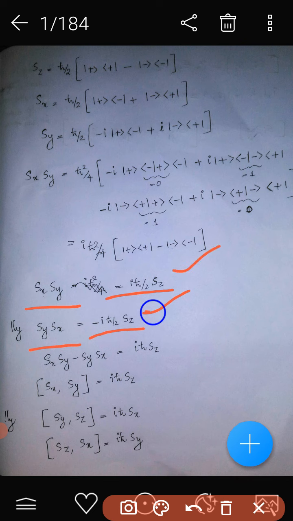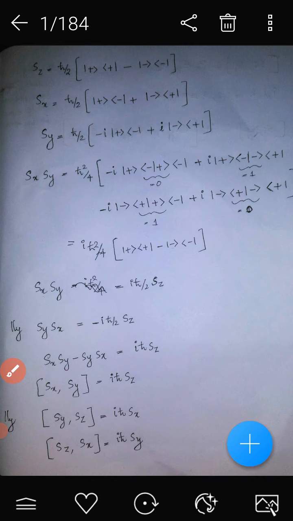Therefore, these two terms are different. We can subtract to get the commutation relation, that is SxSy minus SySx, and we get i h cross Sz. That means the commutator [Sx, Sy] is equal to i h cross Sz. Similarly, [Sy, Sz] equals i h cross Sx, and [Sz, Sx] equals i h cross Sy.